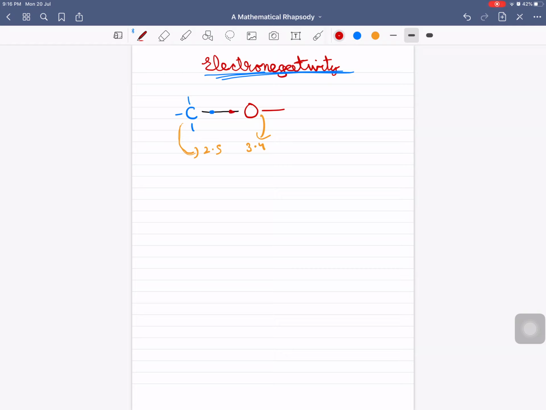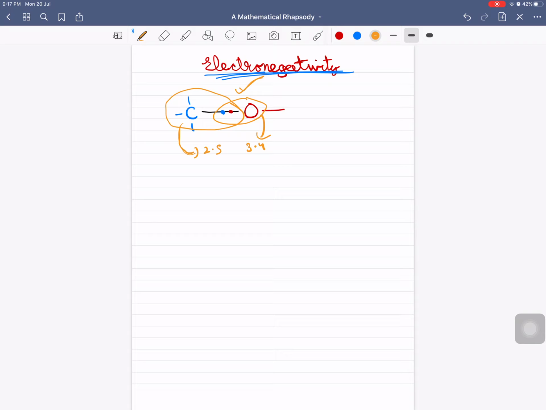Now since oxygen has a higher electronegativity, what happens is the electrons stay closer to oxygen than they do around carbon, right? So this is exactly what is called the phenomenon of electronegativity, or the property of electronegativity, right?